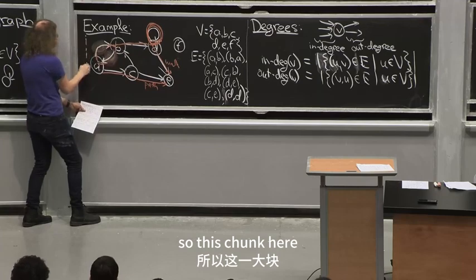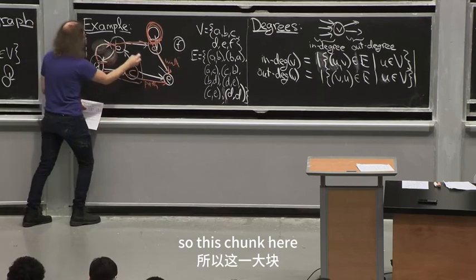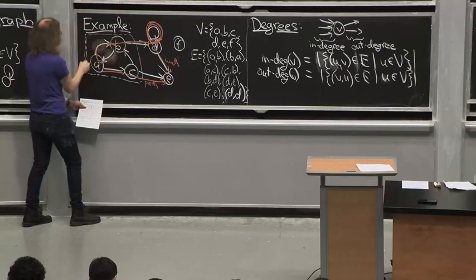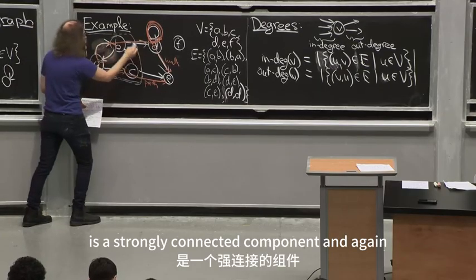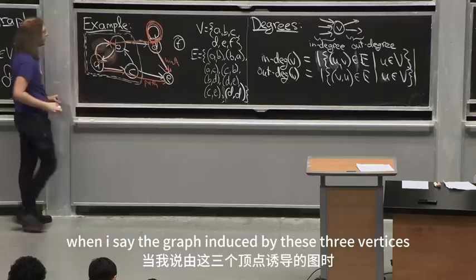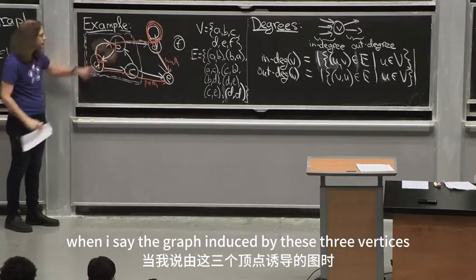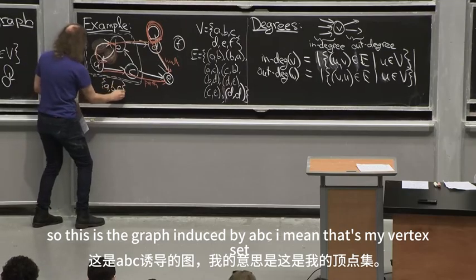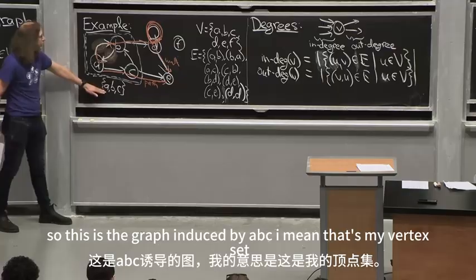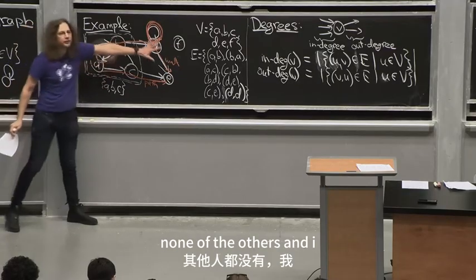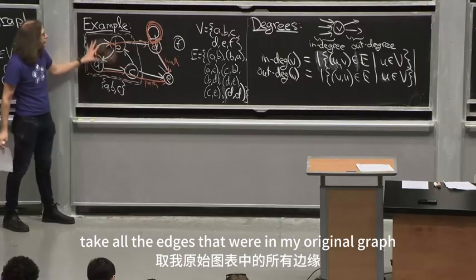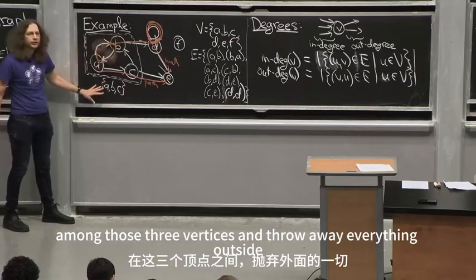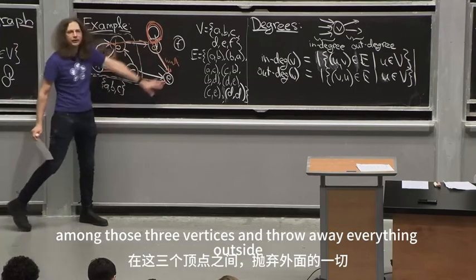So this chunk here is a strongly connected component. And again, when I say the graph induced by these three vertices, so this is the graph induced by ABC, I mean that's my vertex set. I take those three vertices, none of the others, and I take all the edges that were in my original graph among those three vertices and throw away everything outside.